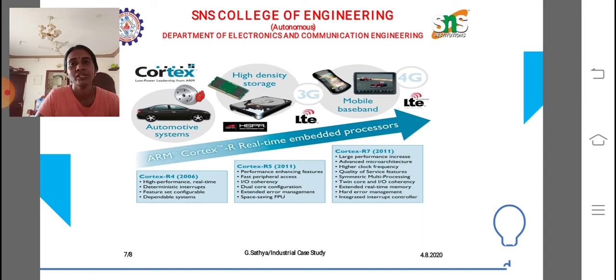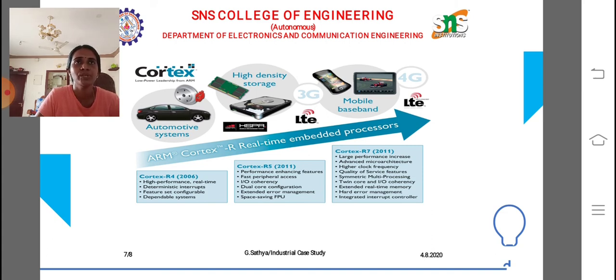Nowadays we are moving from 2G, 3G to 4G. Now the generation is moving on to 5G communication. For this 5G communication, we are using Cortex R7, which is in progress. The higher clock frequency plays a vital role, and in 5G communication we are using this processor.